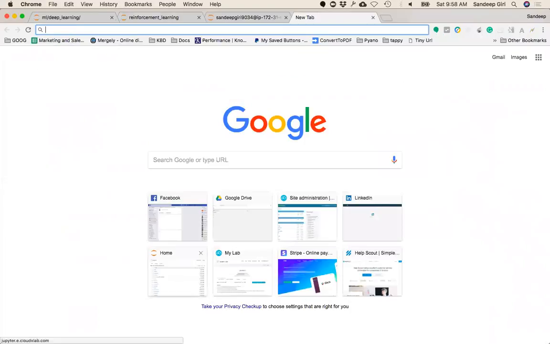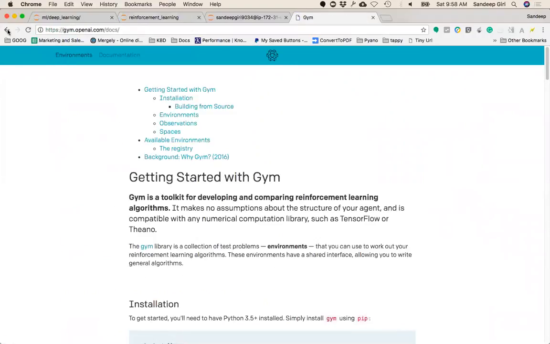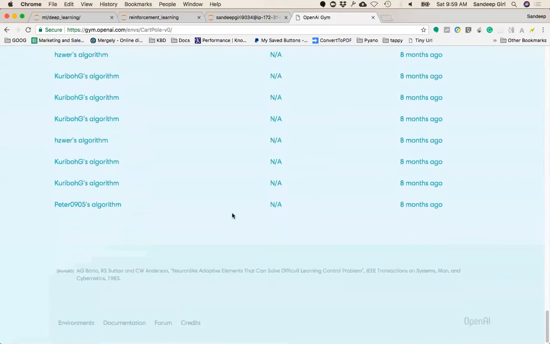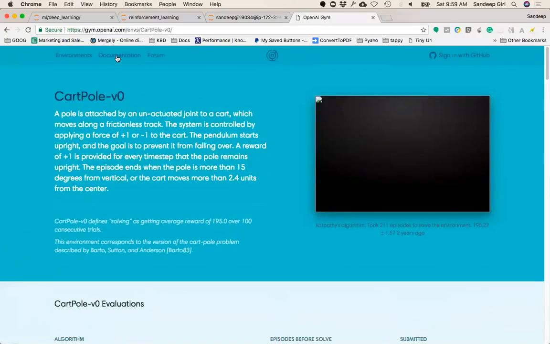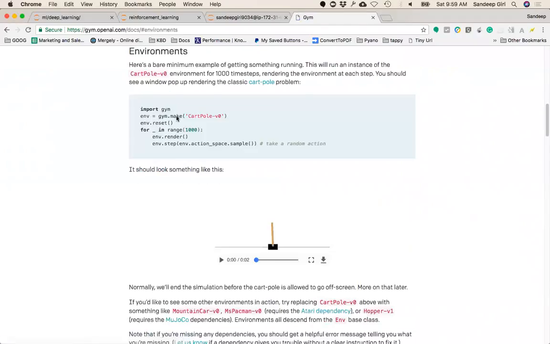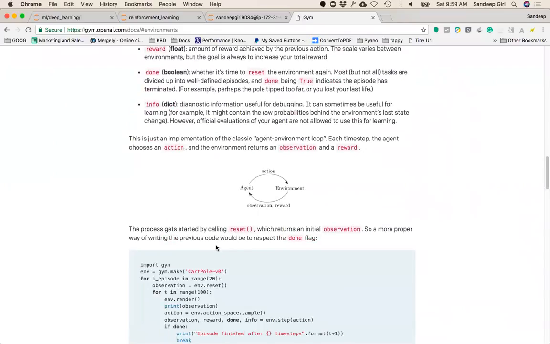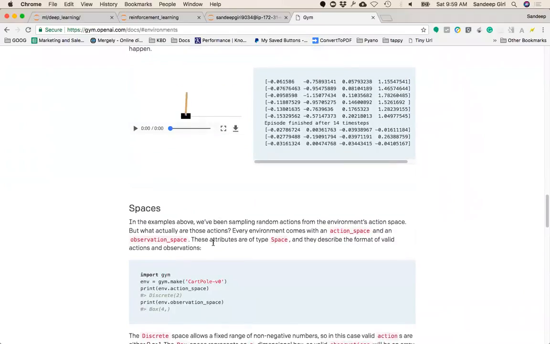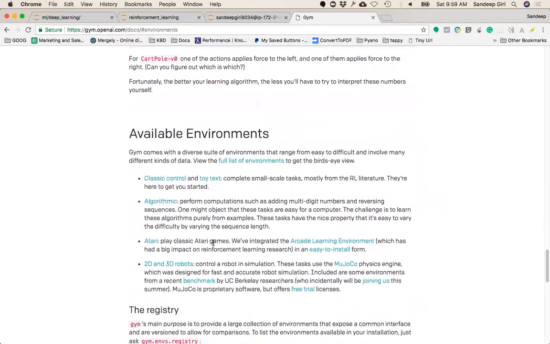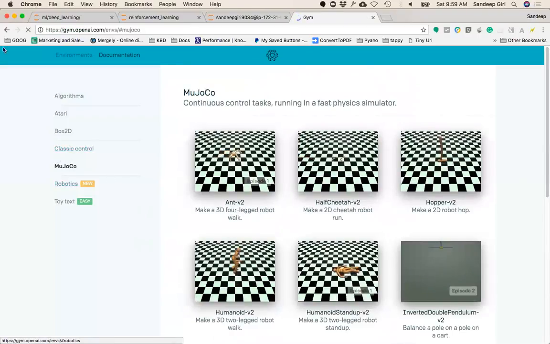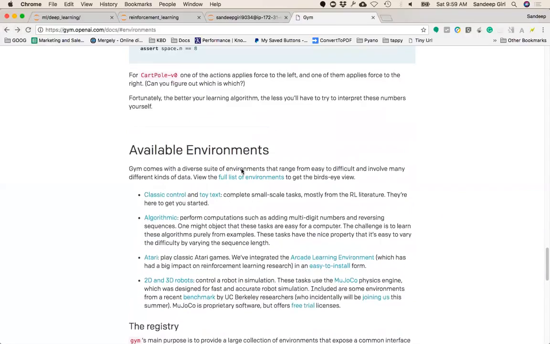So you can say OpenAI Gym. It should be there in the documentation.